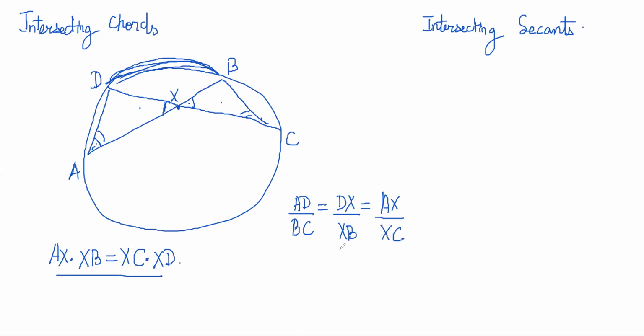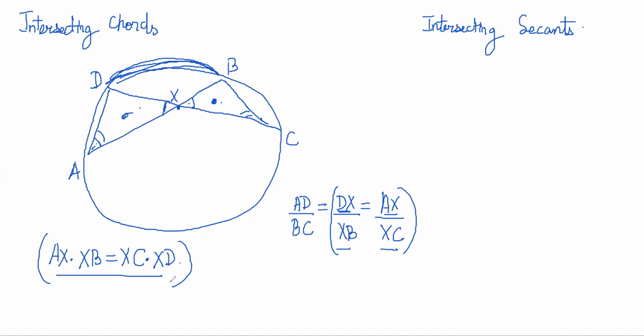So we have AX into XB is equal to DX into XC. This is what we needed to prove. Now this is called the intersecting chords theorem. This triangle is similar to this triangle, therefore we get this. It is also power of a point, but power of a point we'll discuss later. Right now don't worry about it.